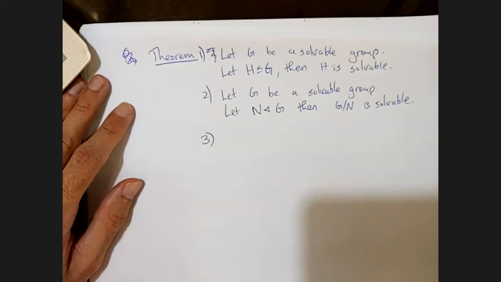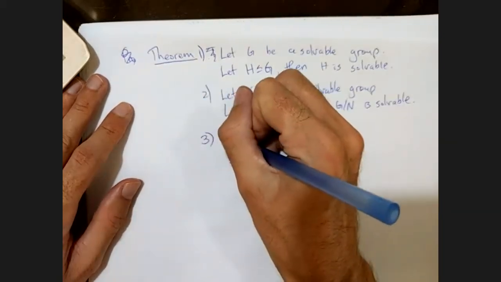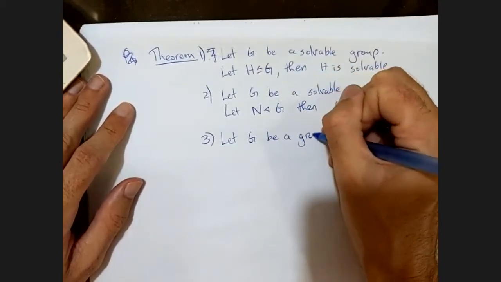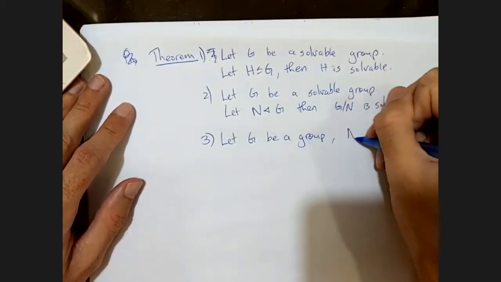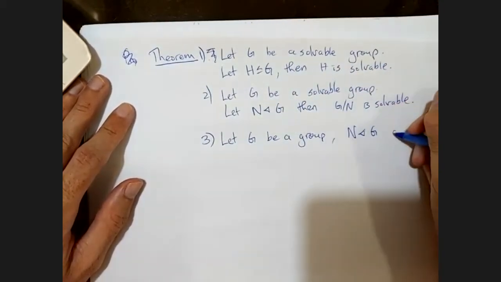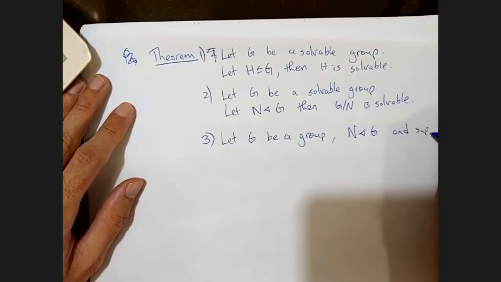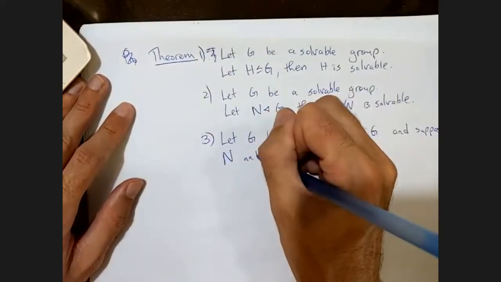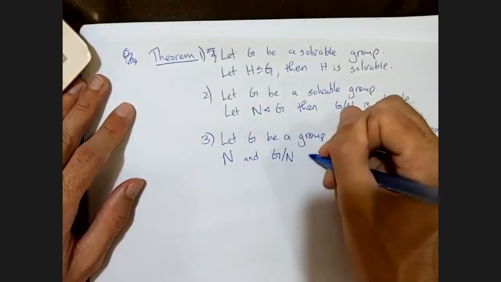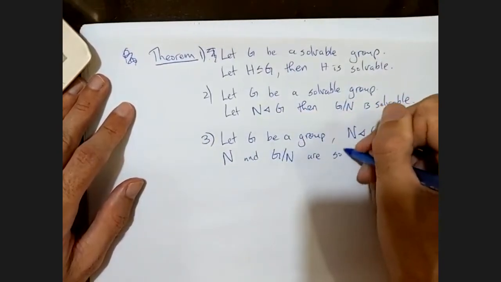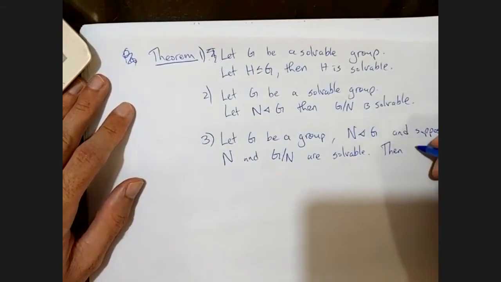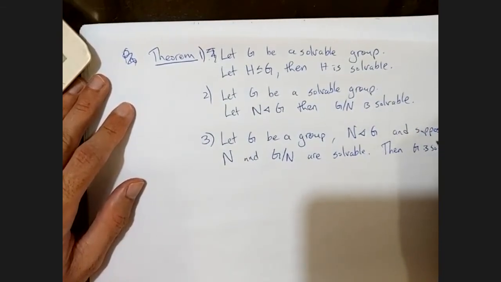Three. Let G be a group. N is a normal subgroup. And suppose N and G mod N are both solvable. Then G is solvable.